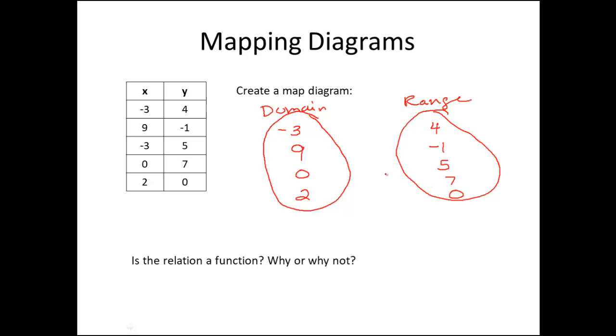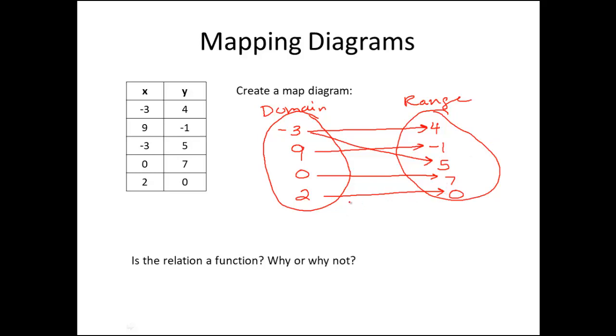Now what we're going to do is connect them with the arrows. So negative 3 went with 4. 9 went with negative 1. Negative 3 goes with 5. 0 is paired with 7. 2 is paired with 0. So that's how we create a map diagram. Now here's the reason why we like to do this.